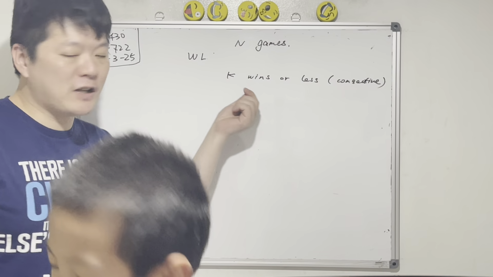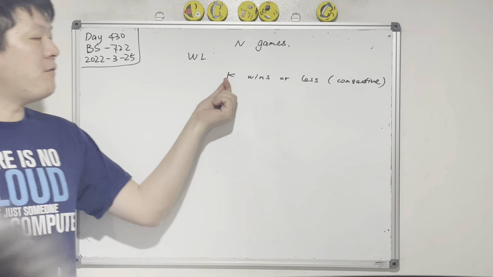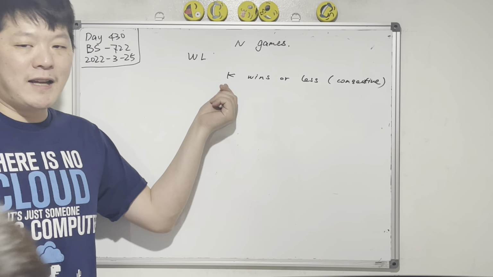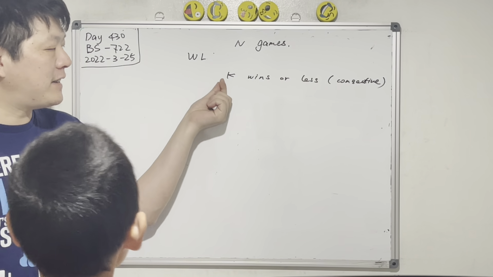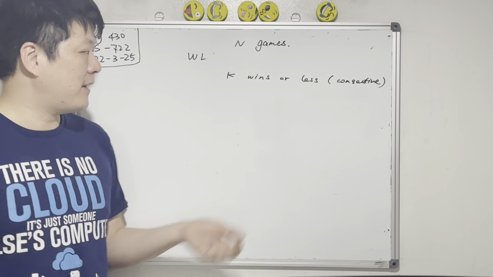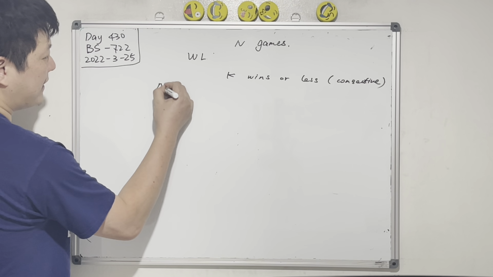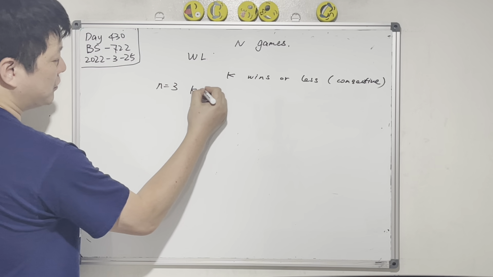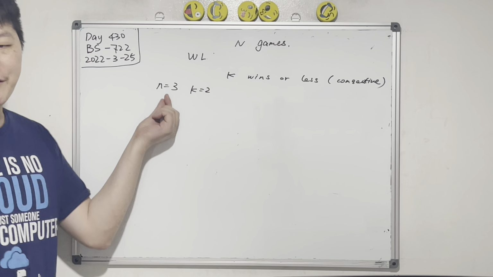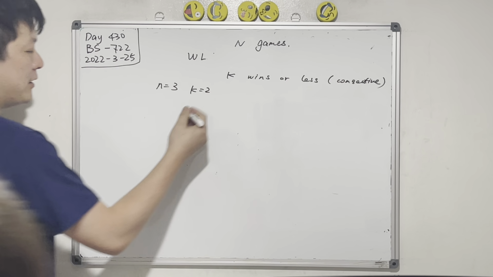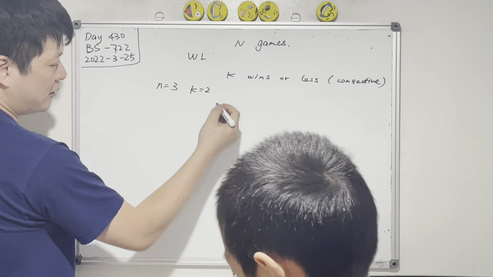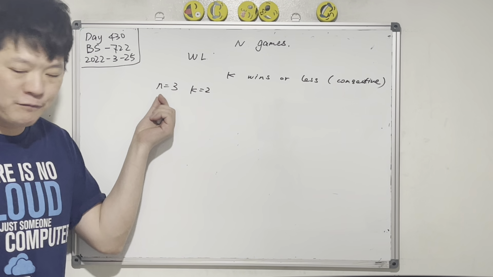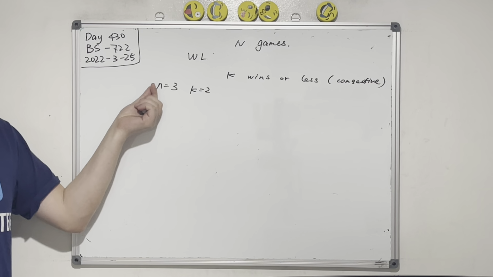So we're looking for the number of ways that you can win k times consecutively or less. For example, when n equals 3 and k equals 2, we play 3 games.